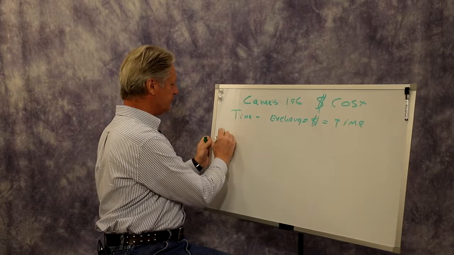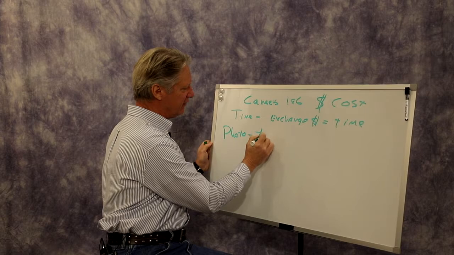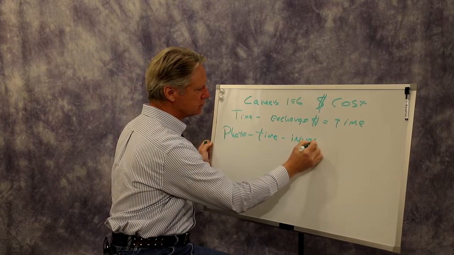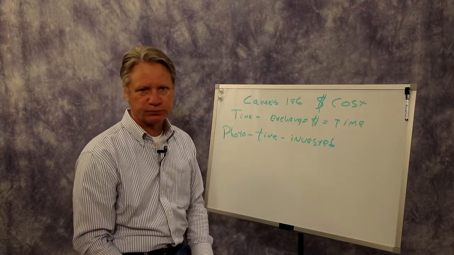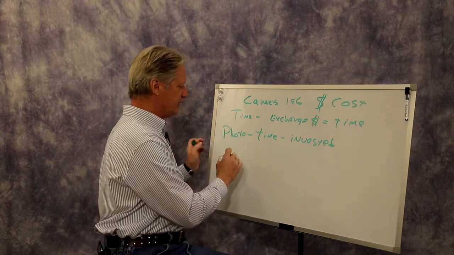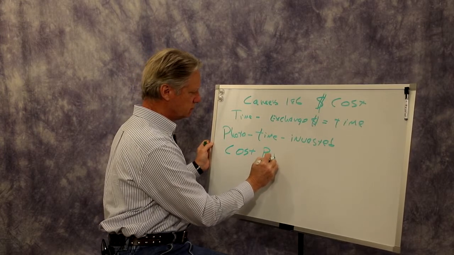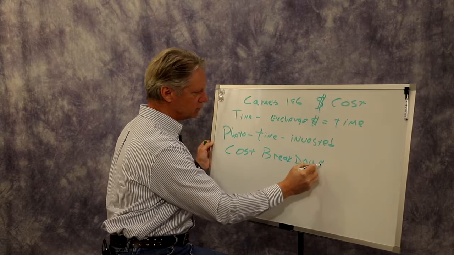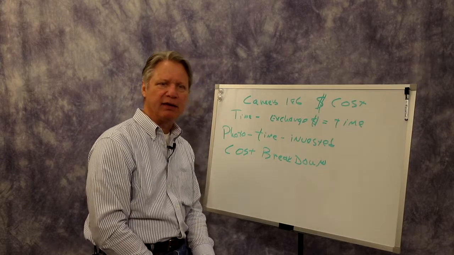But for the photographer, right? How much time do you have invested? So, we have to start doing a cost breakdown. We have to start doing a cost breakdown and really see where we stand.